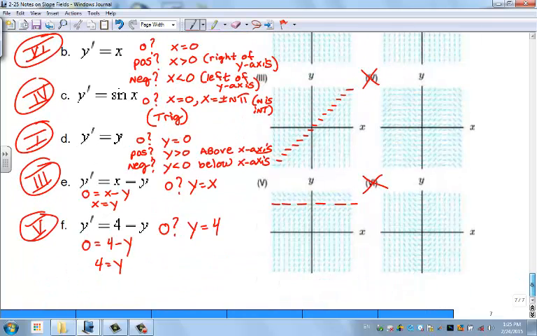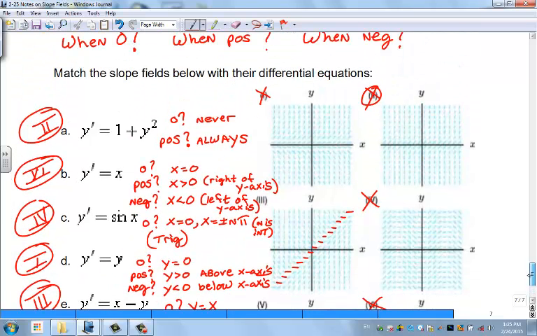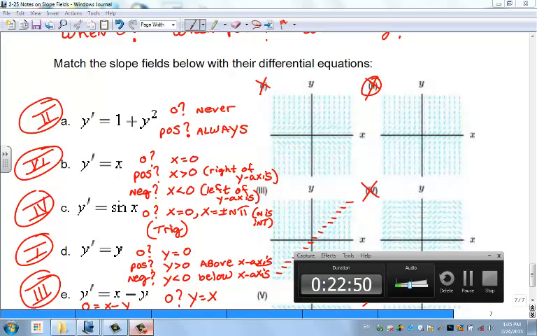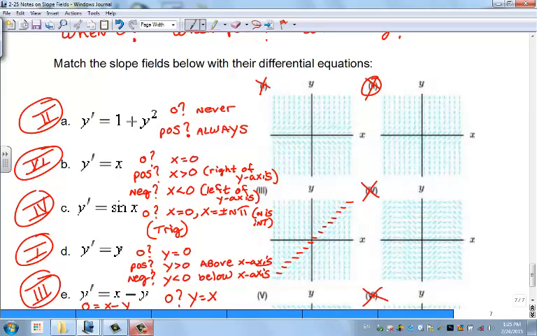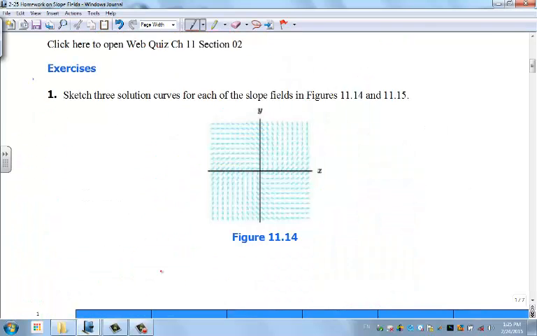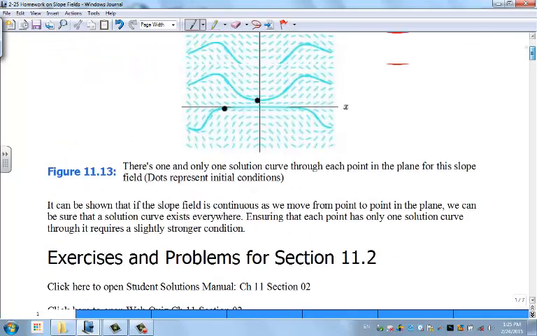You'll have some of these matching activities on your homework, and I think these are the most important of the activities that you will do. So good luck with that. Now I want to show you your homework. It's the packet that says homework on slope fields.